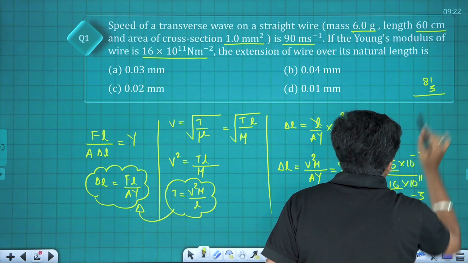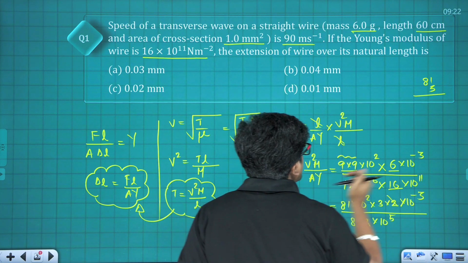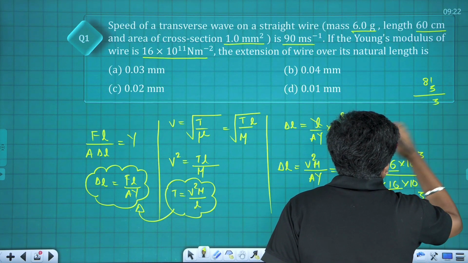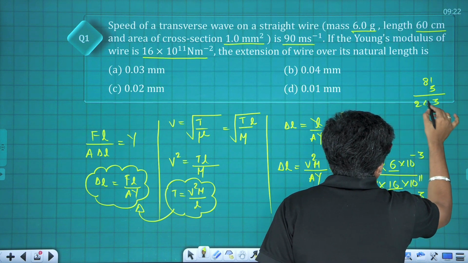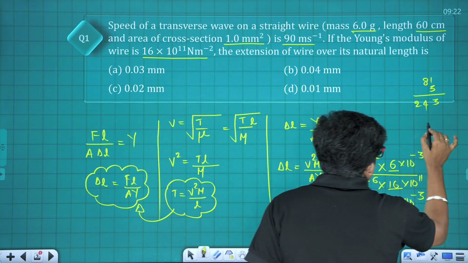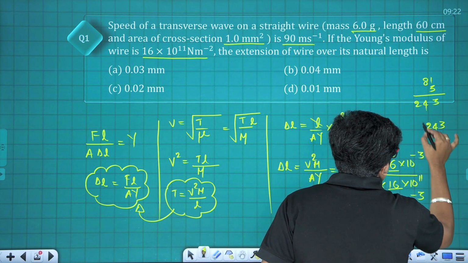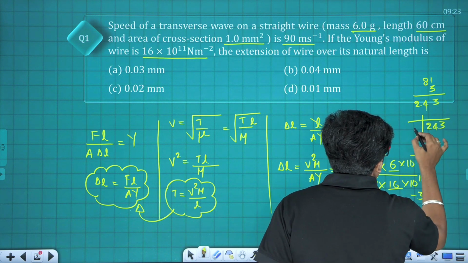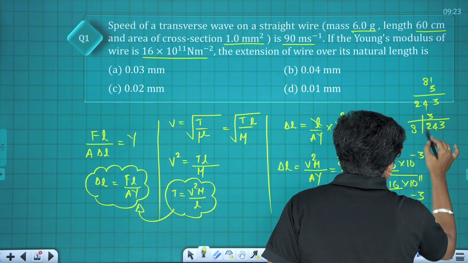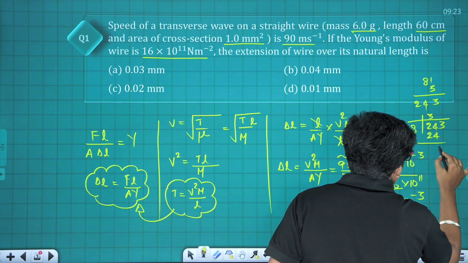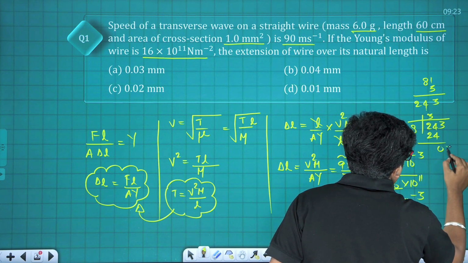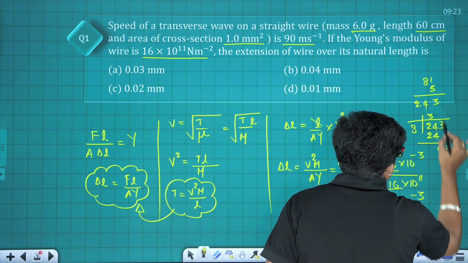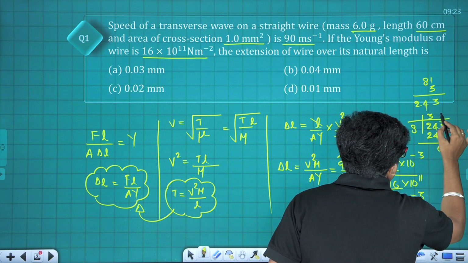81 into 3, which is 243, all divided by 8 into 2, that is 24, and 3 will be coming down.